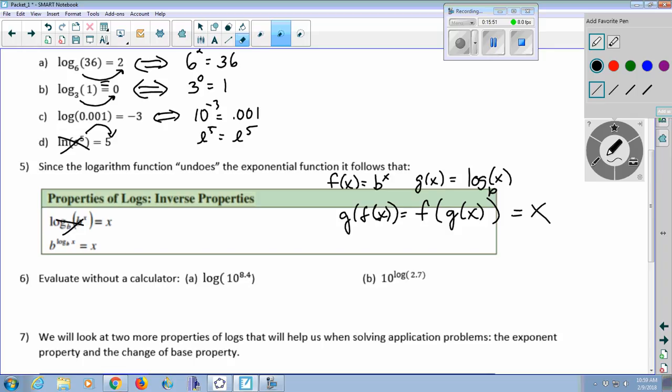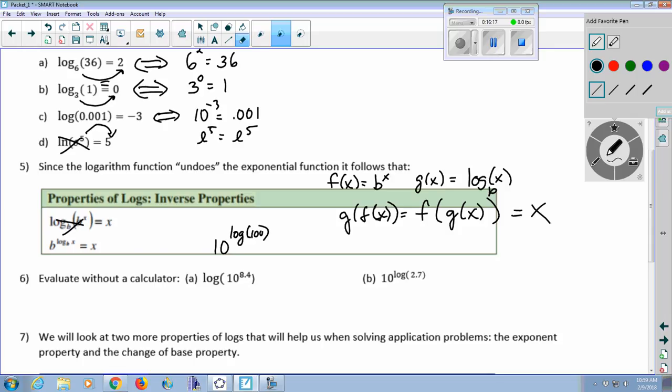To give you an example of that, it's harder to say than it is to see. So let's suppose I did this. This is asking me 10 raised to this power is what? Well, what does this represent? Log of 100. What goes there? Log of 100. 2. 10 to the second is 100.